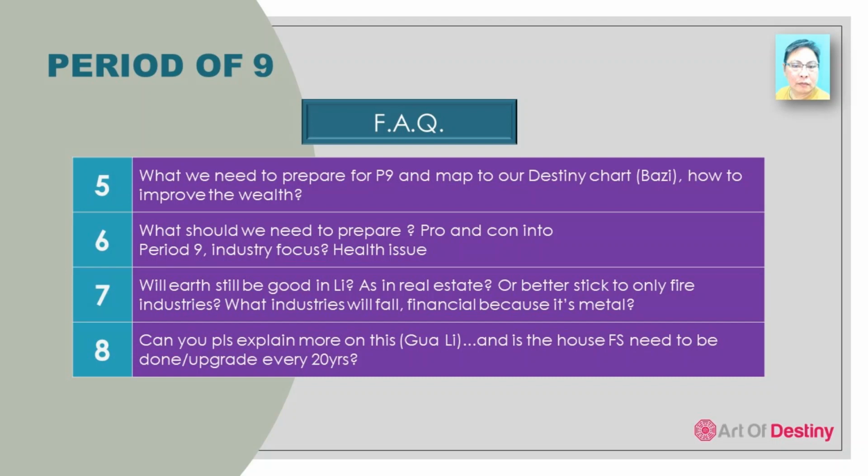Does the house need to be upgraded or not? As I said, it depends. If you're enjoying good Feng Shui and you can continue to enjoy good Feng Shui into period 9, of course, naturally you don't need to change. Maybe you might need some upgrading, maybe some renovation work, probably. You may need to reorientate your tables or chairs or whatever. That may be possible. But whether to upgrade every 20 years, well, it depends.